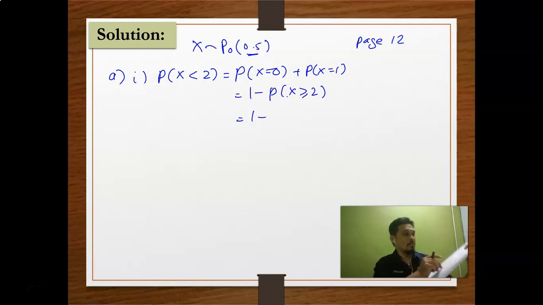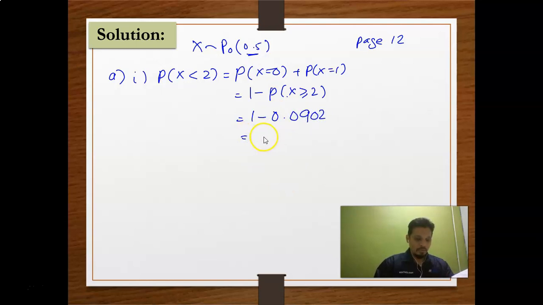When we intersect 2 and 0.5, it gives you 0.0902. So 1 minus 0.0902 equals 0.9098.